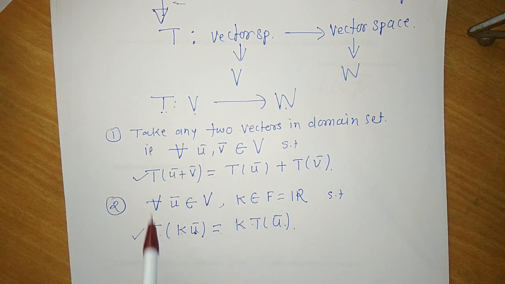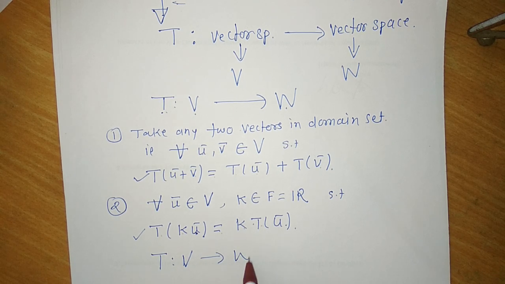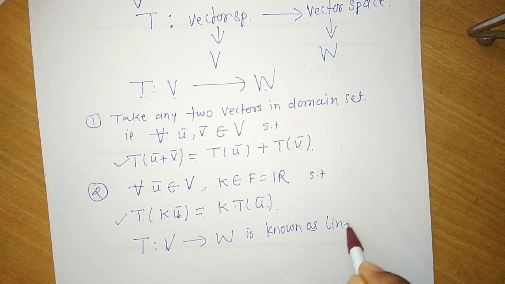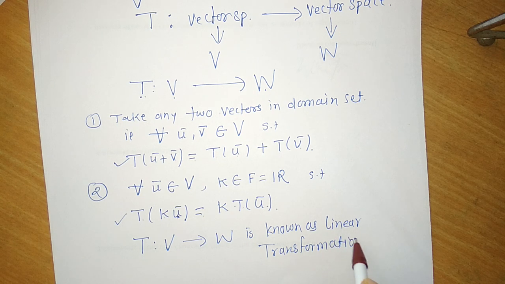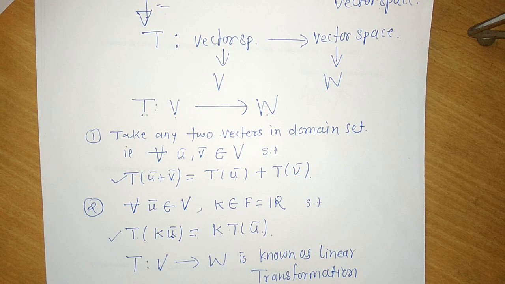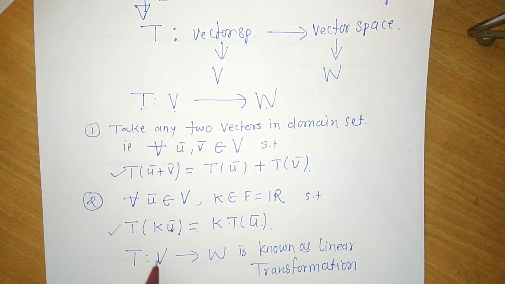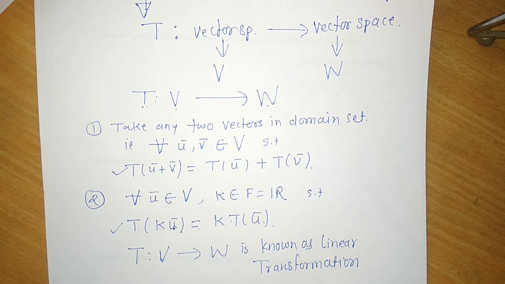If a function satisfies both, then it is known as a linear transformation. If one of the conditions is not satisfied, then such a function is not a linear transformation.